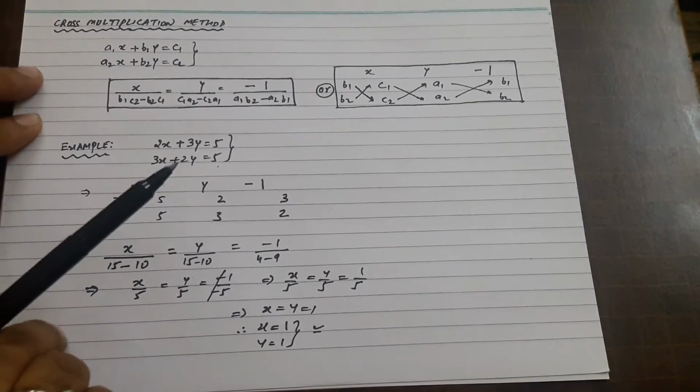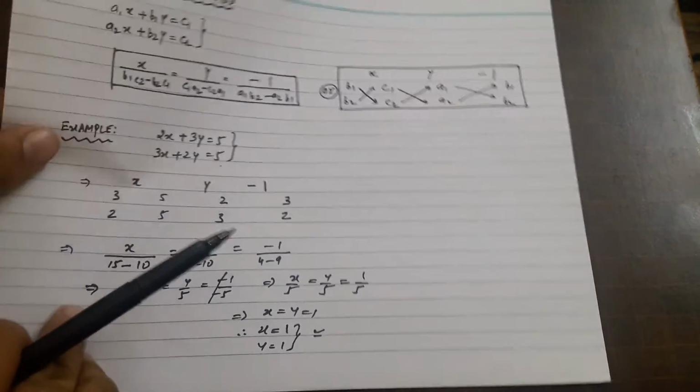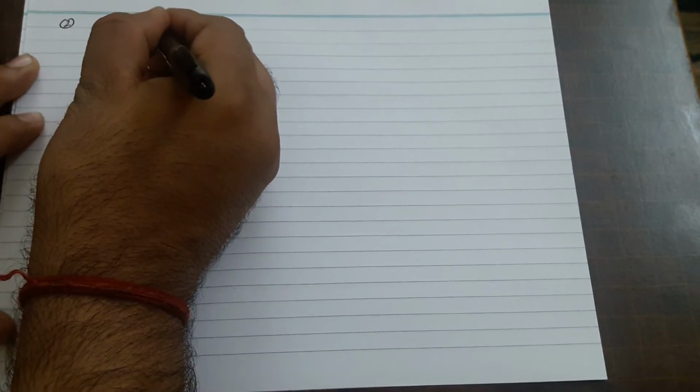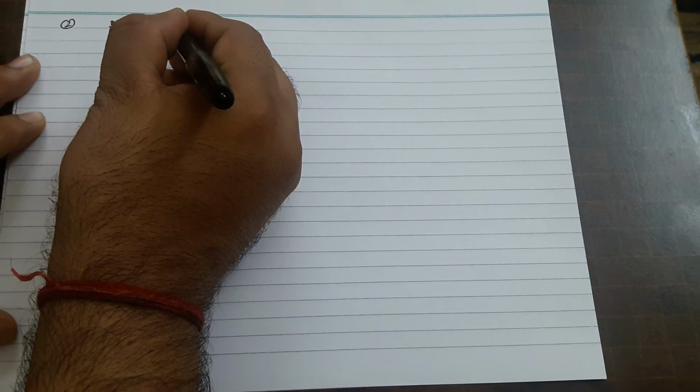Let us take another example so that it will be more clear to you. I am taking another example in which we have 3x plus 2y equal to, let us say, 7.